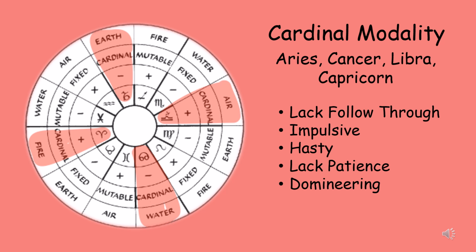However, signs in the cardinal modality can sometimes lack follow through on those ideas and projects. They can be impulsive and sometimes a little too hasty. They can lack patience and maybe be a little bit domineering sometimes.